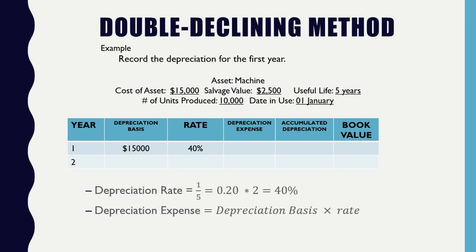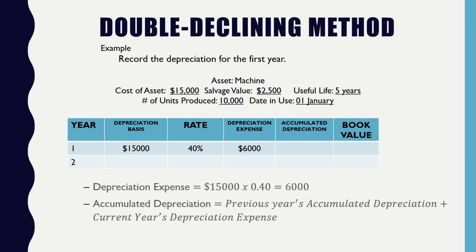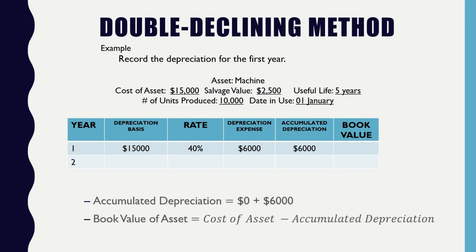So with 40%, to solve for our depreciation expense, we take basis times rate. What is 40% of 15,000? 40% of 15,000 is going to give you $6,000. The accumulated depreciation, because it's the first year and there are no previous years, is just going to equal the current year's depreciation expense of $6,000.